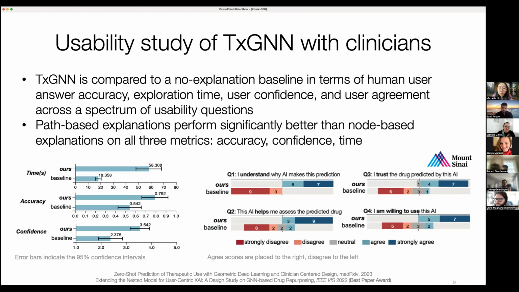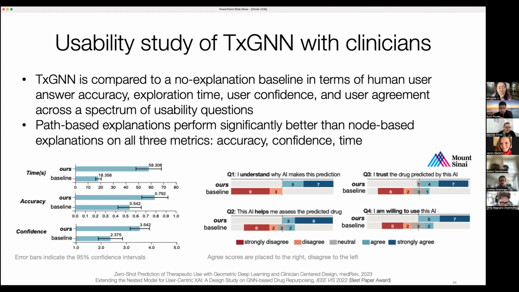So we have done a usability study of TXGNN with a panel of clinicians at Mount Sinai, and we compared the TXGNN model to a baseline that had no explanations in terms of human user accuracy, exploration time, which would be measured as the amount of time that an end user had to invest into understanding or deciding whether this prediction made by the model is worthwhile exploring further or not, the confidence that they have in model predictions, and the agreement with model predictions. And we have done that across a spectrum of usability questions.